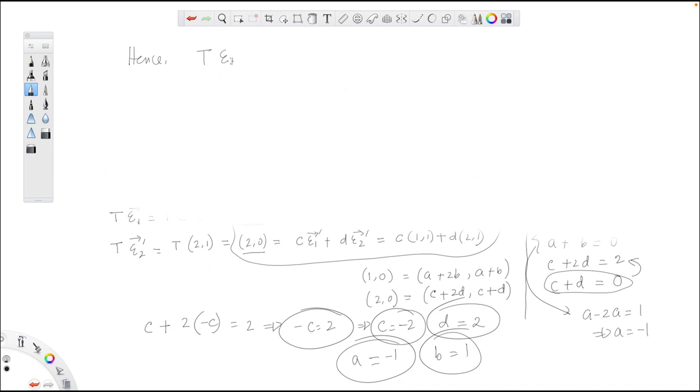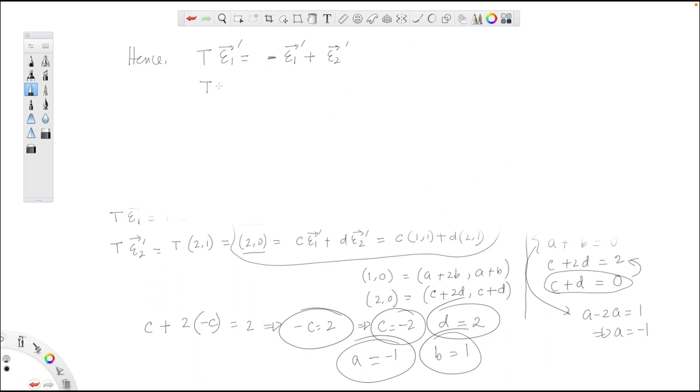Okay, hence T acting on epsilon 1 prime is A times epsilon 1 prime plus B times epsilon 2 prime. So we are going to have minus epsilon 1 prime plus epsilon 2 prime.